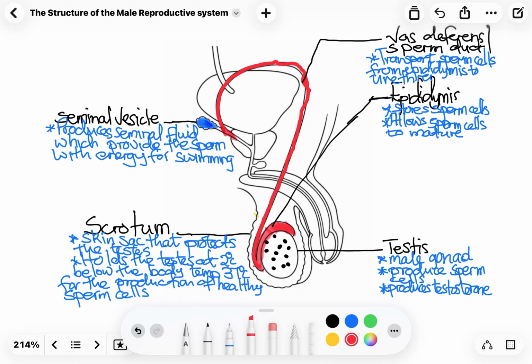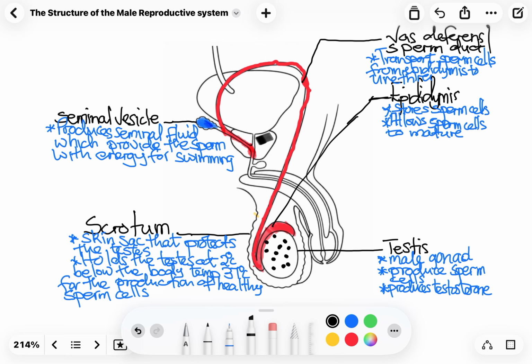From there, they are going to move down, and they get there. And we expect our sperm cells to get another fluid added to them.